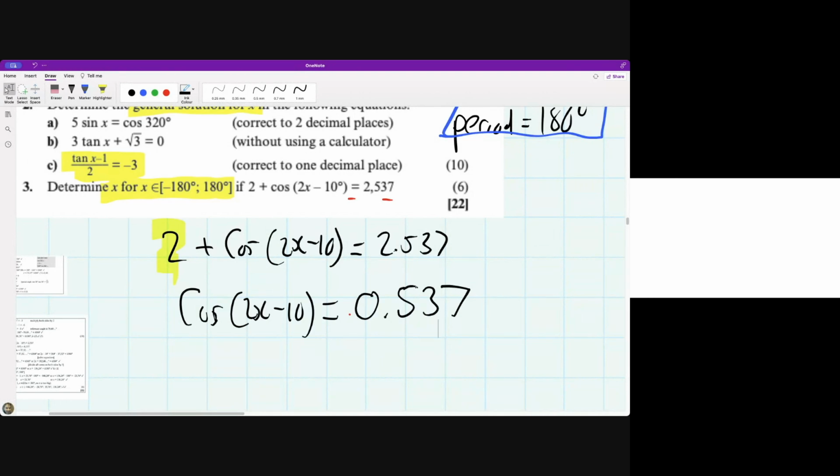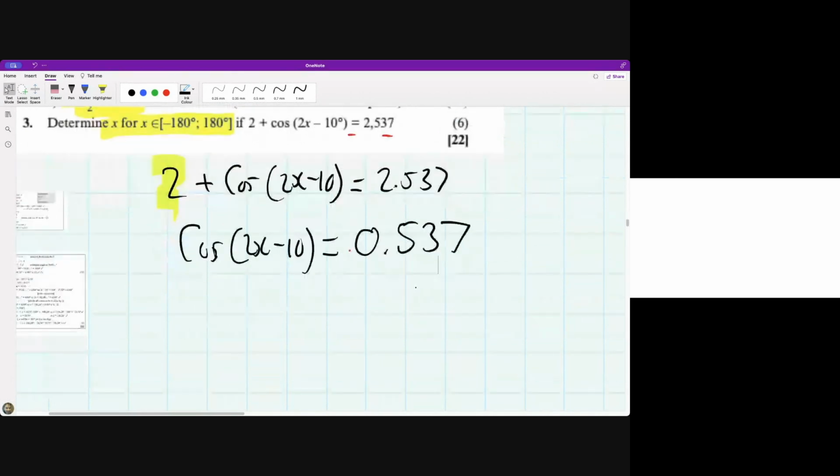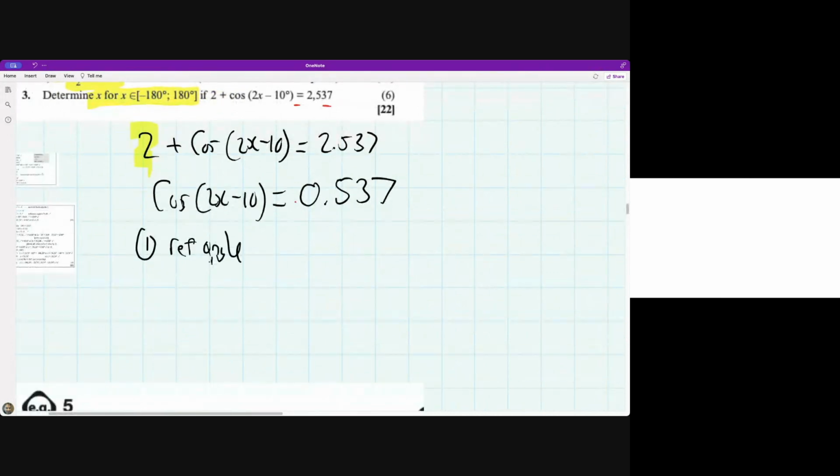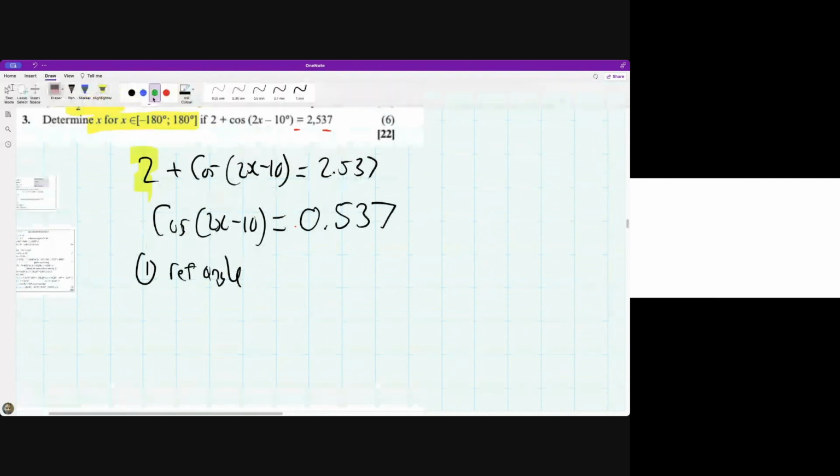Okay, now we're going to go through our process here. So step 1 was find the reference angle. For the moment, we're just going to ignore the funky stuff going on in here. I don't deny there's something interesting going on in there. But for now, I'm going to trust the process, and I want you to get me a reference angle for this thing over here.